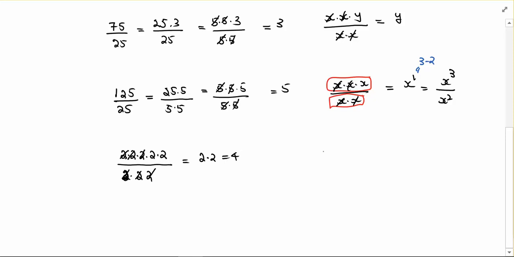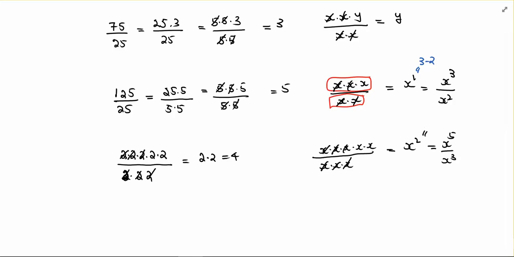In other words, if I had x, x, x, x, and x, and I divide this by x, x, x, if I cancel, I get x squared, which is really x to the 5 over x to the 3, which you can see is 5 minus 3.